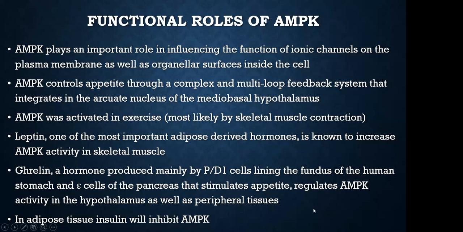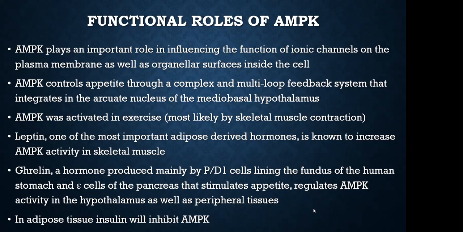So the different functional roles of AMPK. AMPK plays an important role in influencing the function of ionic channels on the plasma membrane as well as organellar surfaces inside the cell. And obviously the ionic channels are crucial for any kind of energy production, and also to regulate pH level and any kind of nutritional transport through the cell wall membrane, but also through the mitochondrial membrane for energy production.